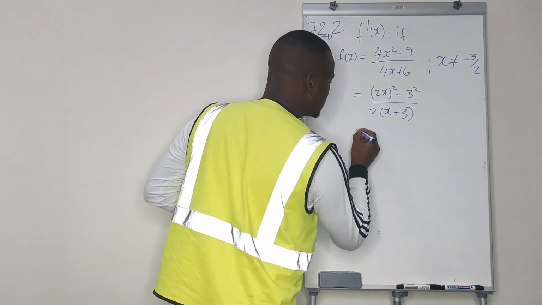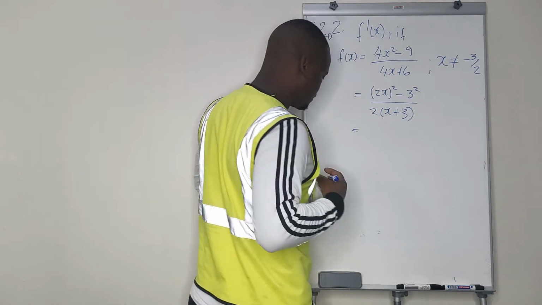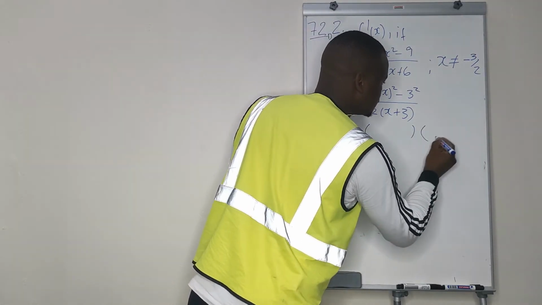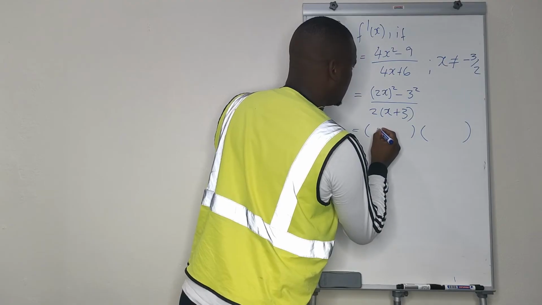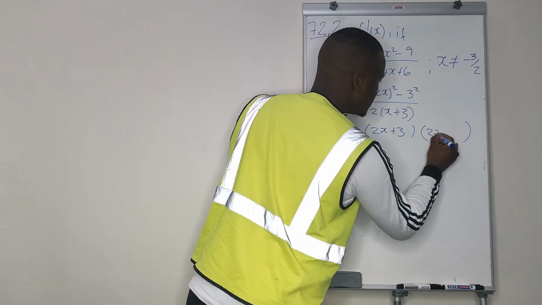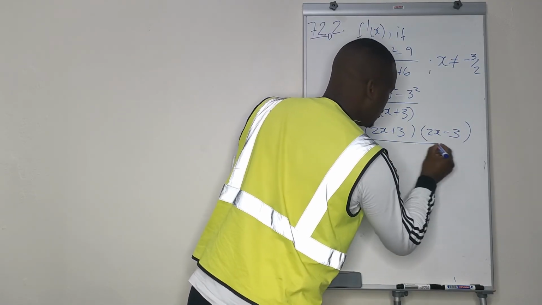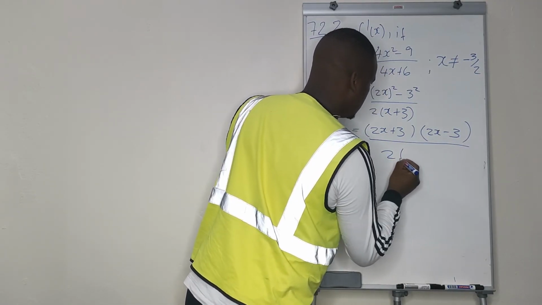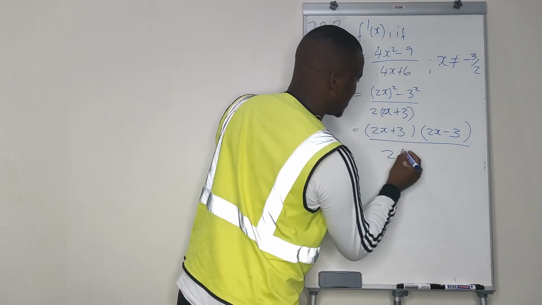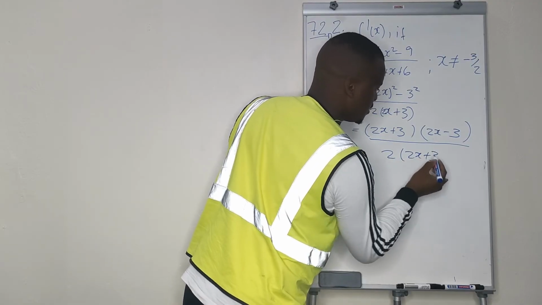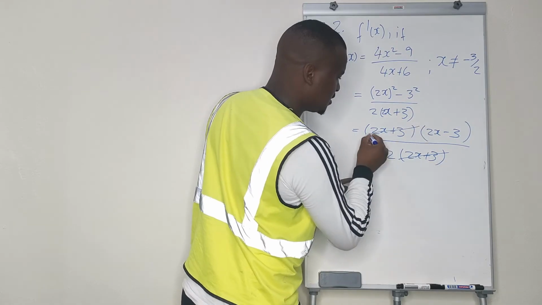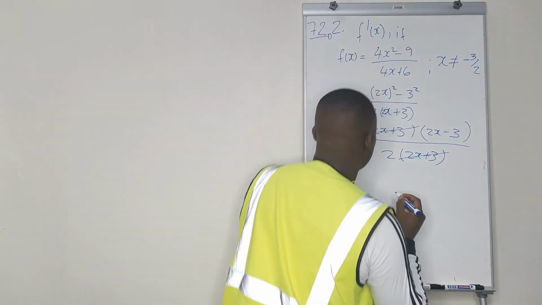So you can factorize that into (2x plus 3)(2x minus 3) all over 2. Sorry, it should be 2 here. Into (2x plus 3). So this and this goes away. So what are you left with?